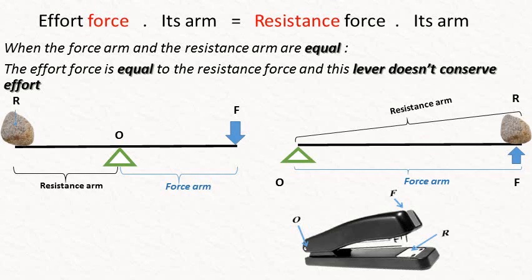The effort force is equal to the resistance force, and this lever doesn't conserve effort. When you apply the law of levers, effort force times its arm equals resistance force times its arm. We will apply this in the next slide.